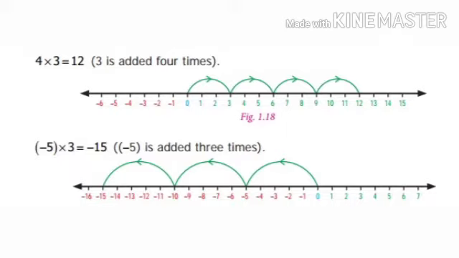We can draw a number line to learn about multiplication of integers. First, let us consider the addition of pebbles to the heap by Ramani through the number line. 4 into 3 is equal to 12. 3 is added 4 times.